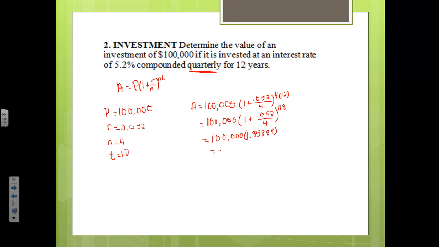We'll multiply those two together and we'll get, so in 12 years, the investment would be worth $185,888.88.